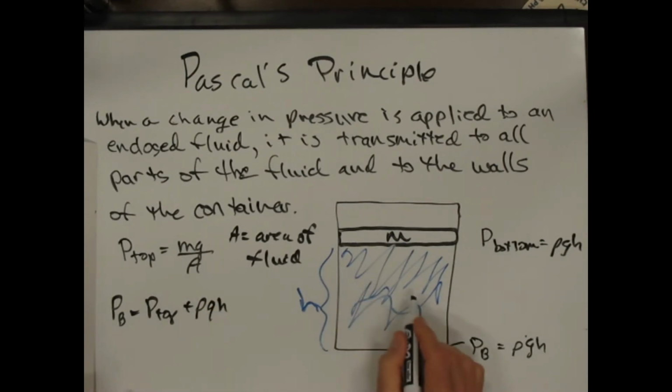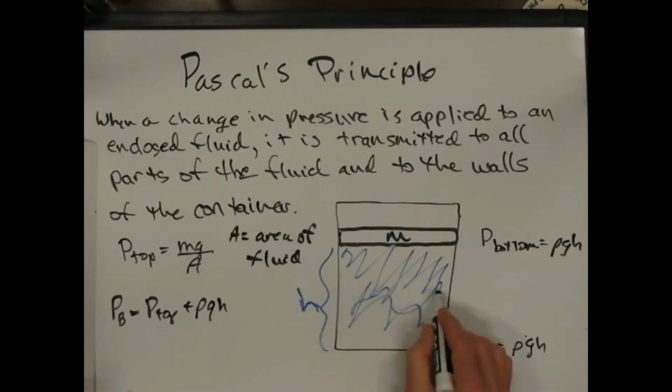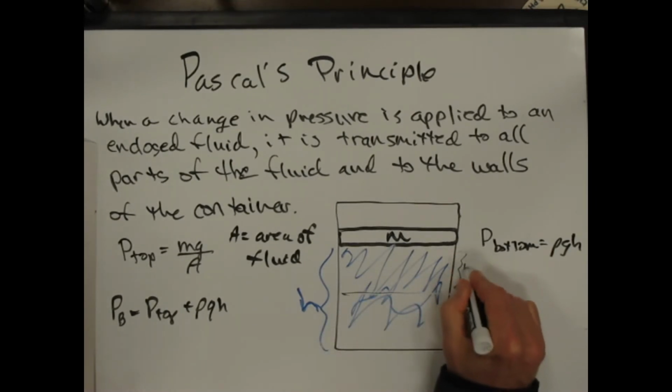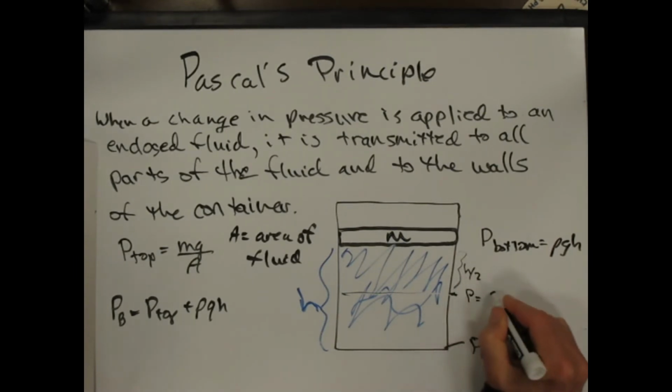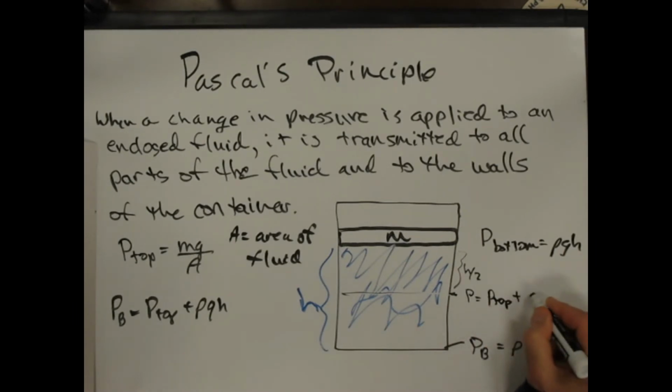Or in fact, at any height, this is the pressure here. If this is h over 2, then the pressure there is equal to P top plus rho g h over 2, and so on.